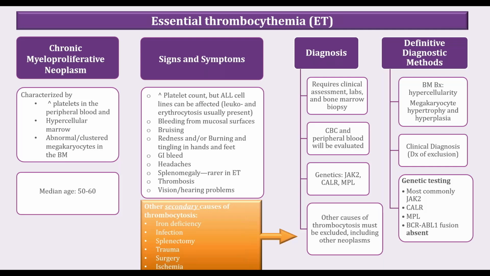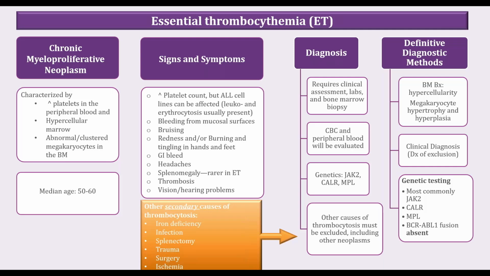So diagnosis is really one of exclusion of other MPNs. It does require clinical assessment, CBC and bone marrow biopsy. So CBC and peripheral blood will be evaluated. Genetics will be looked at. So they're going to look for JAK2 mutation, but also CALR and MPL, which are all common.